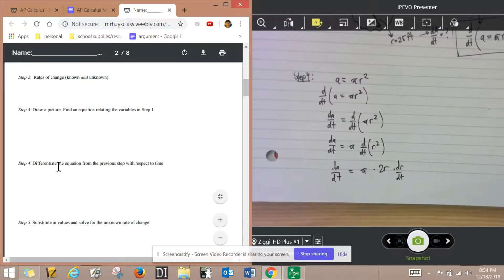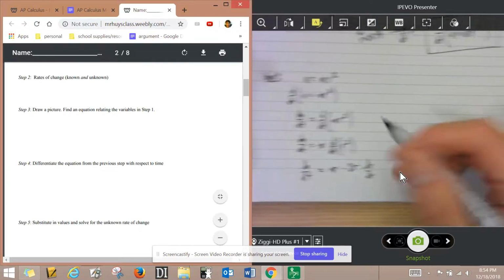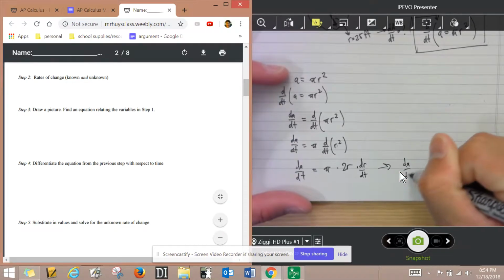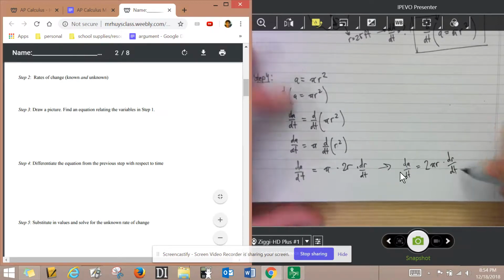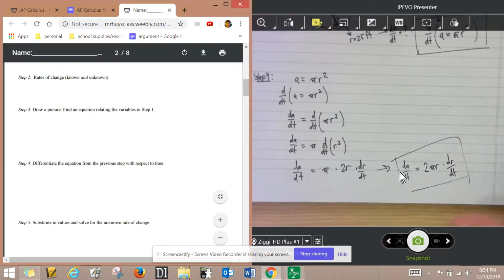So yeah, step 4 here: differentiate the equation from the previous step with respect to time. That's what we have. We can rewrite this just so it looks a little bit more familiar to you. So it's 2 pi r times dr over dt, and we're going to carry that over to step 5.